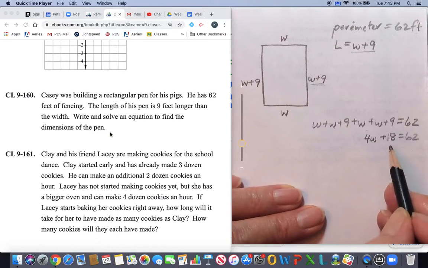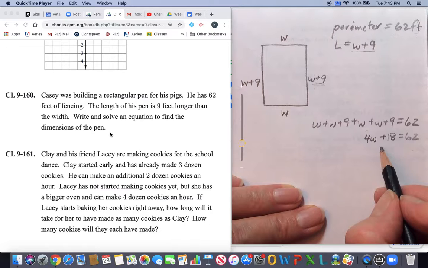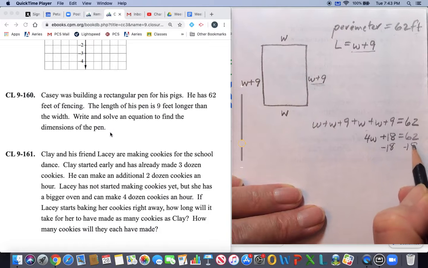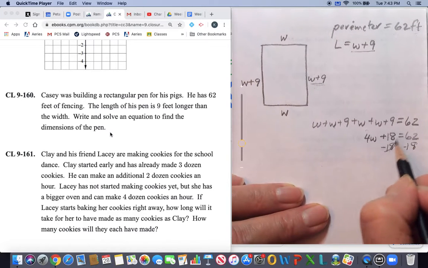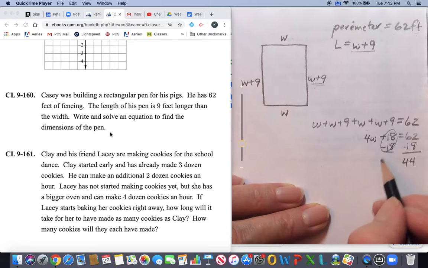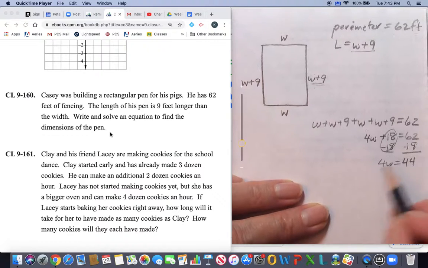First, we need to isolate W by getting rid of this plus 18. So we'll say minus 18 on both sides. So this zeroes out. This is equal to 44. And on this side, we just have 4W because we zeroed out that 18. So now we've got 4W equals 44.